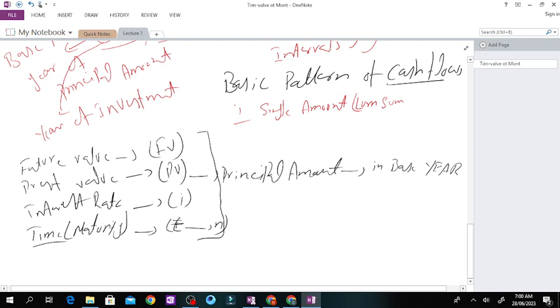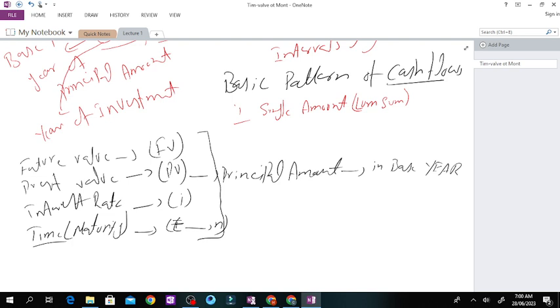It could be either present value or future value. For example, if you are investing 10,000 and the bank says you will get 8% at the end of the year, the lump sum amount would be 10,800 rupees. So this is the single amount.